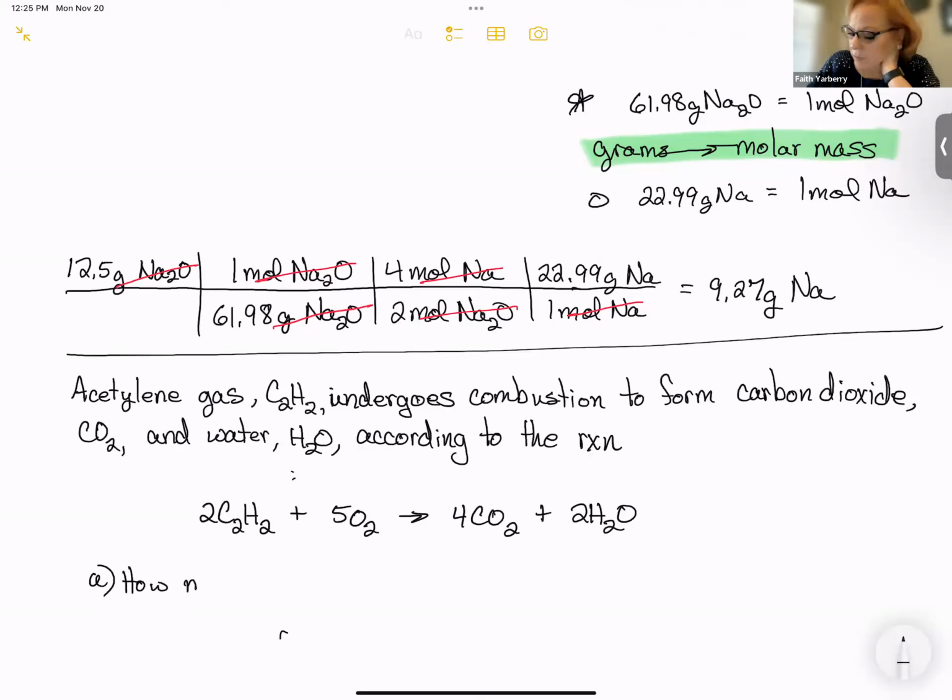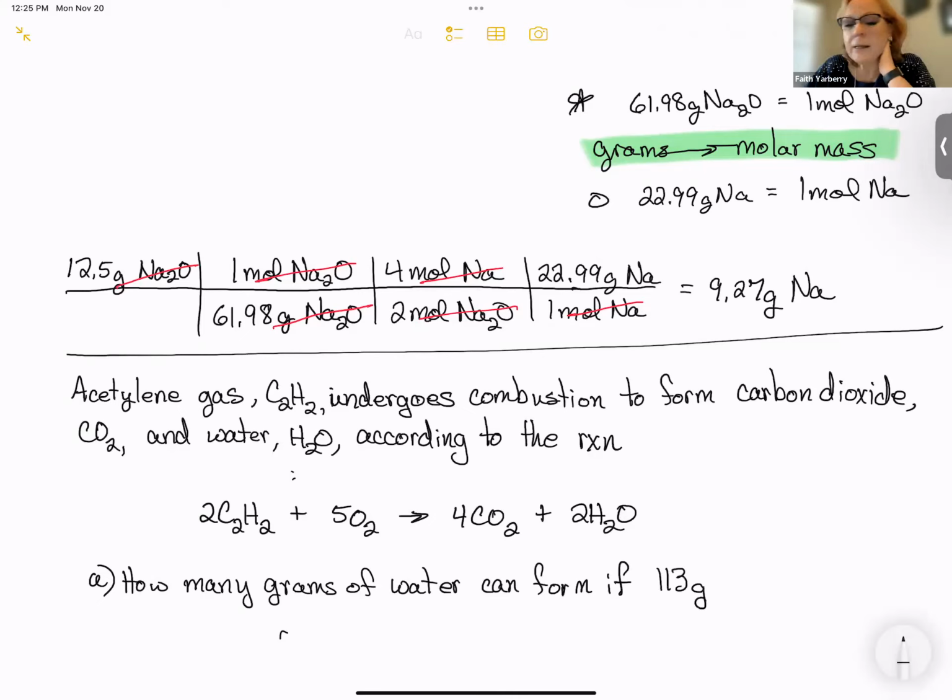How many grams of water can form if 113 grams of C2H2 is burned?